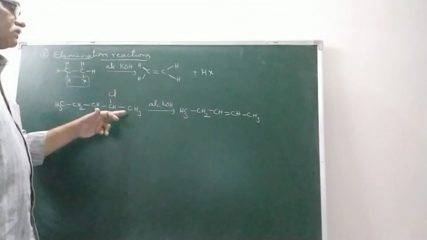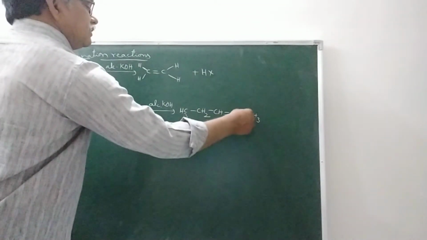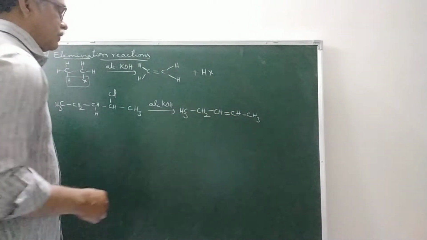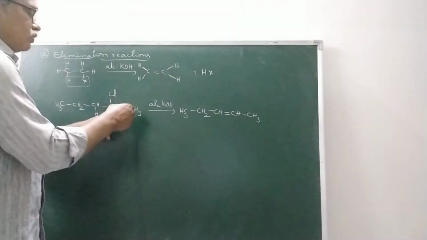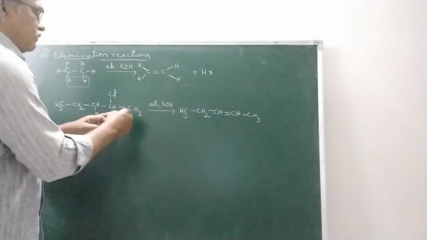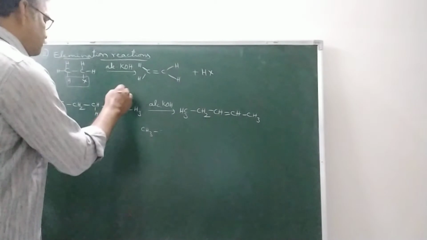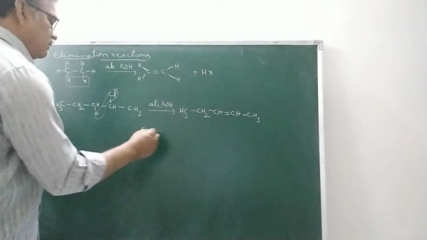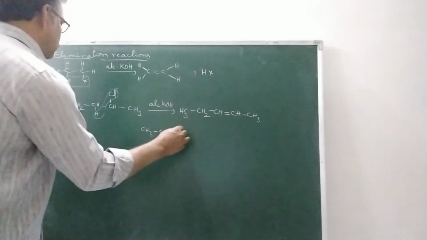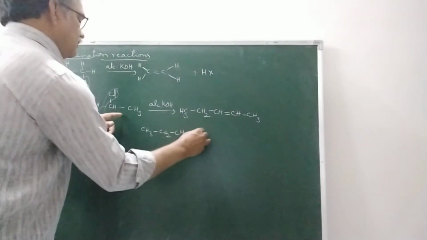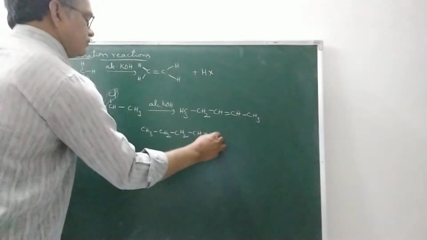Here two alkyl groups are present on either side of the double bond. If the other hydrogen is removed, then we get CH3CH2CH2CH2CH=CH2.